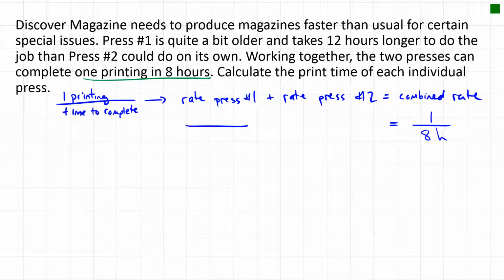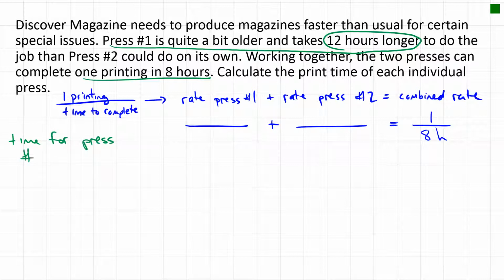And now we have these other two rates. How are we going to write them? The key is to use the relationship that they have to each other. We're told that press 1 is quite a bit older and takes 12 hours longer to do the job. So we have to define one of the times to complete as just a variable. We're going to say that the time for press number 2 equals t.